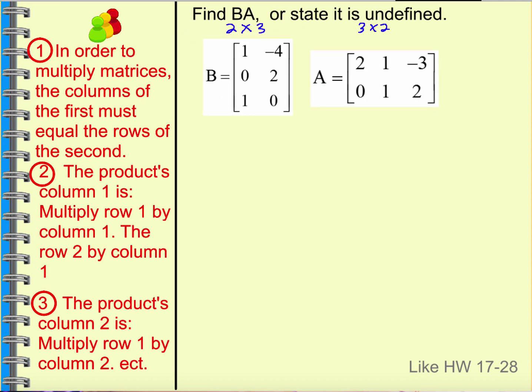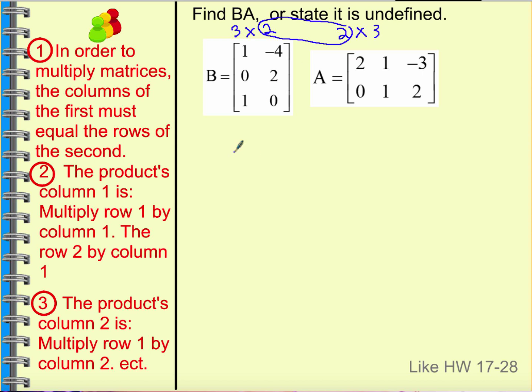Well, now we can see that we don't have a 2 by 3 and a 3 by 2. We've got a 3 by 2 times a 2 by 3. And we can still multiply them together, which is fantastic, but I'm not going to have a 2 by 2 for my result.